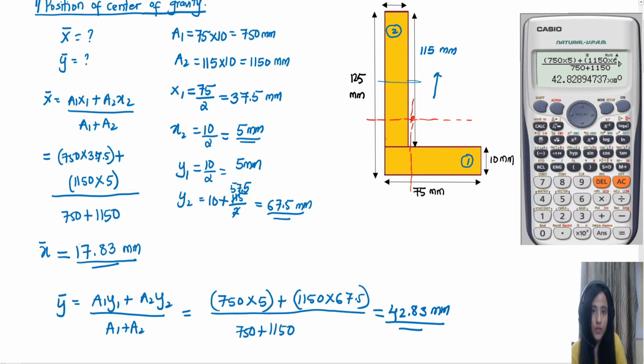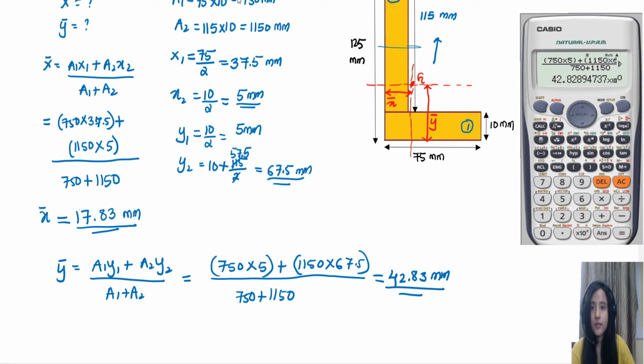So this point here is the centroid G. This distance here is my y bar distance, which is 42.83, and this distance from here to here is my x bar distance, which is 17.83. So this is the position of the centroid. Okay, now let us find Ixx and Iyy.